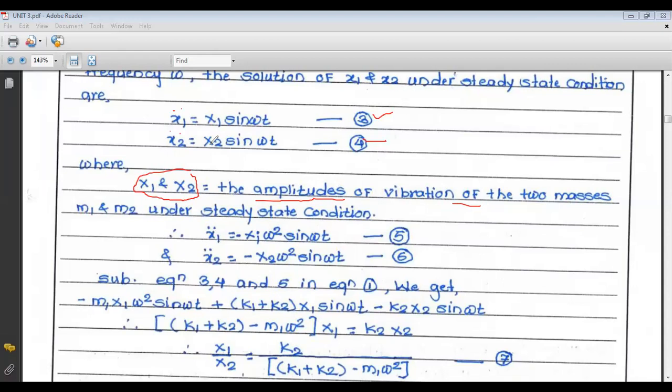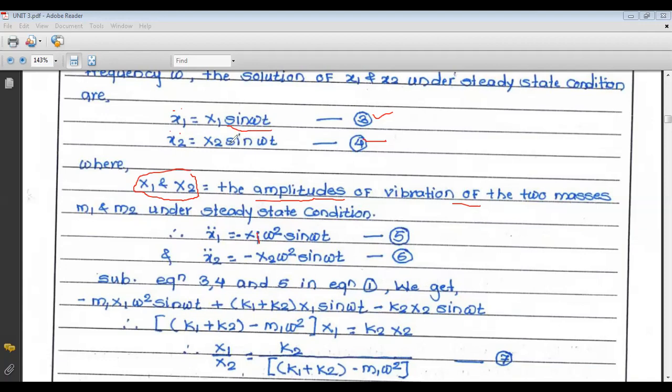After differentiating equation number 3 twice, we get x1 double dot equals minus X1 omega square sine of omega t. How do we get it? X1 is a constant term, so it stays outside of the derivative. Only the derivative of sine omega t is taken. The derivative of sine omega t is cos omega t, and the derivative of omega t is omega.